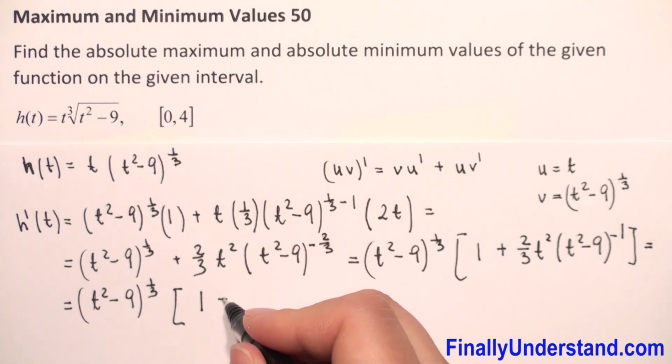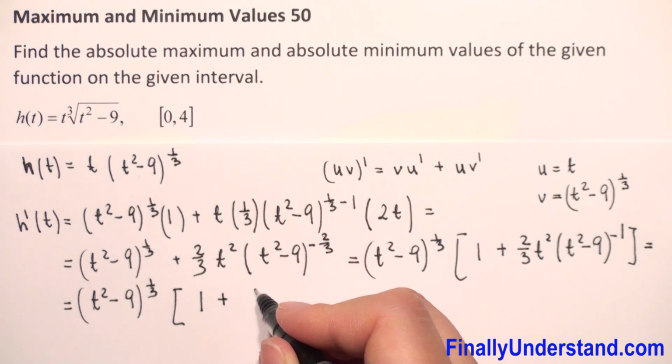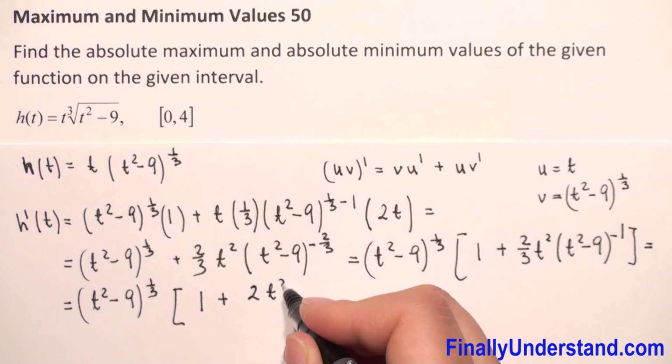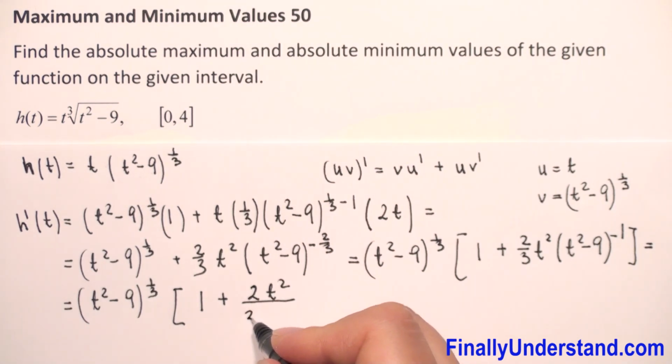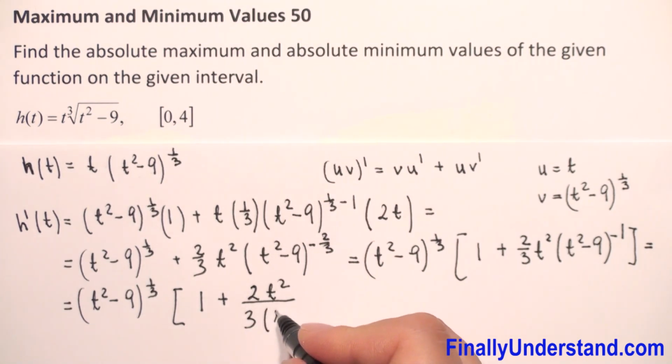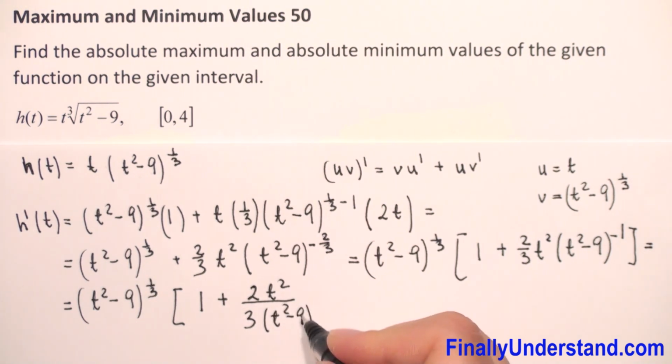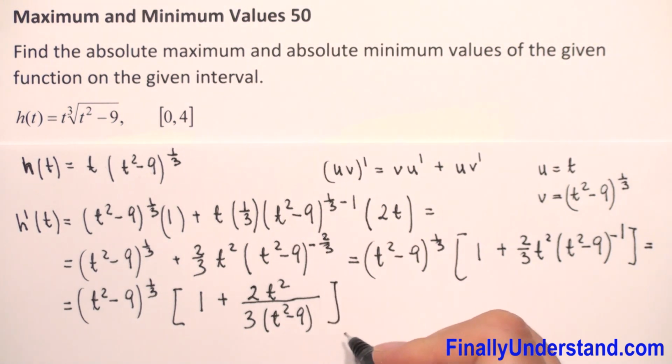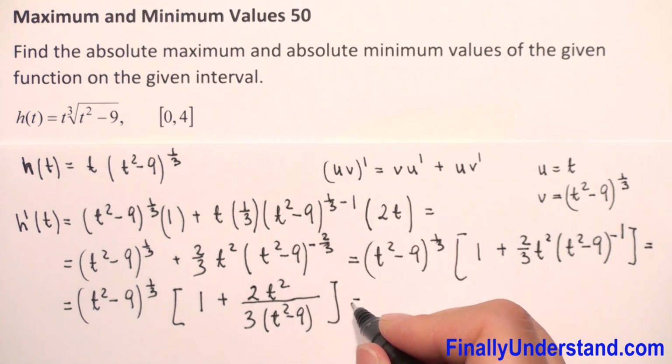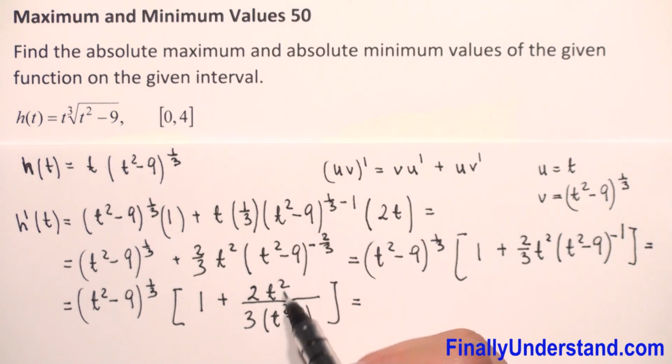So first we have 1 plus, in the numerator we can put 2t squared over 3 times t squared minus 9 to the first power, we don't have to write it, so I close parentheses. So this is equal, because I have a fraction in the second expression in parentheses, I will change 1 to a fraction. The common denominator will be 3 times t squared minus 9.